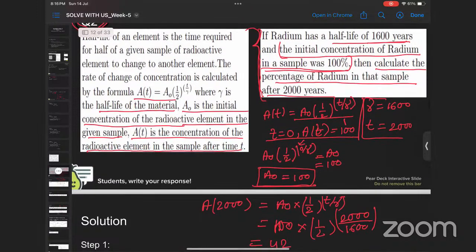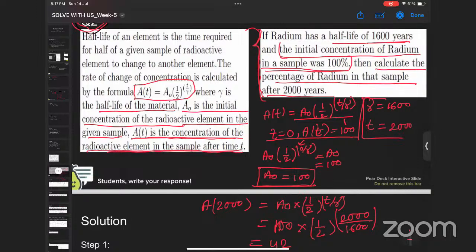Okay. So here you have the equation given in the question, right? And which variable means what is also given here. Gamma is the half-life of the material, and A naught is the initial concentration of the element, and AT is the concentration of the radioactive element after T time.